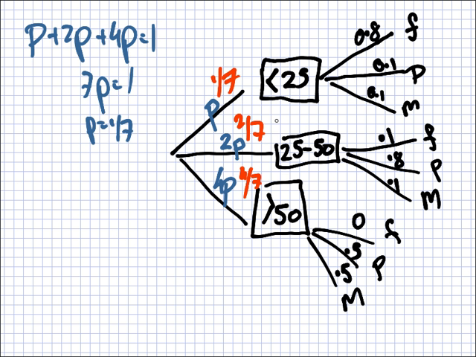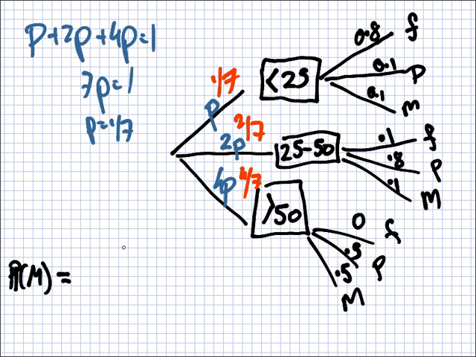Alright, so the first question is how many will get a merit? So first we should calculate the probability of a merit grade. So there's 3 ways I can get to merit. This part, and then this part, and then this part, and then finally this part and this part.